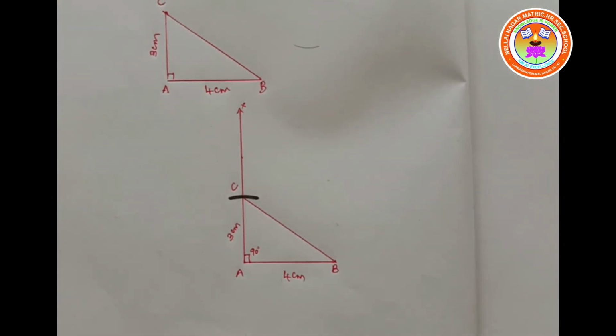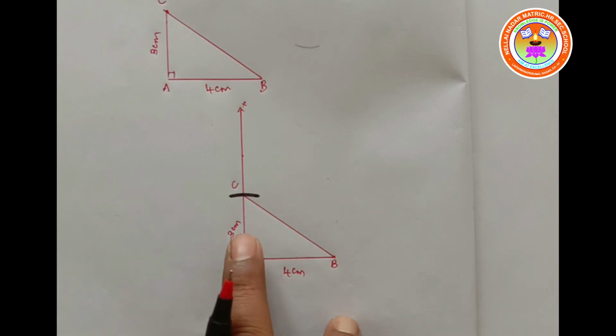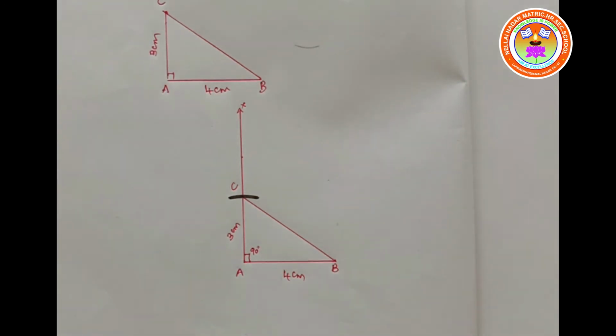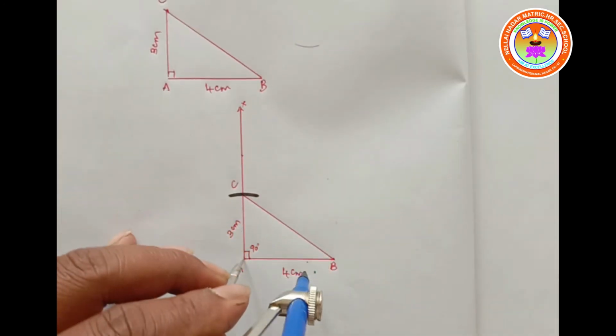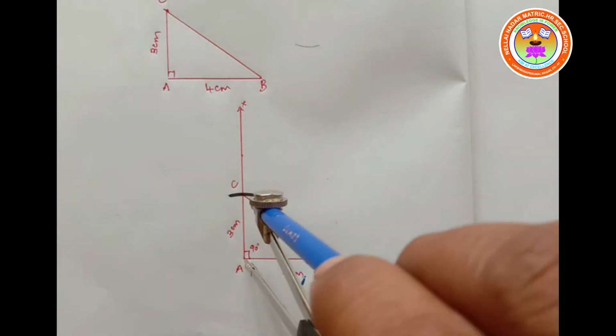Now I am going to find the centroid of the triangle. Now you are going to choose 2 sides out of 3. I am going to take AB and AC and find the perpendicular bisector for the 2 sides. First I am going to find the perpendicular bisector for AB. It's clear children? So you take more than half here from A to B. You are going to cut an arc.